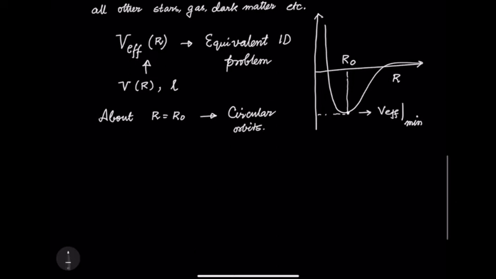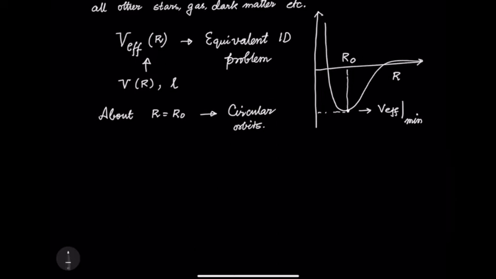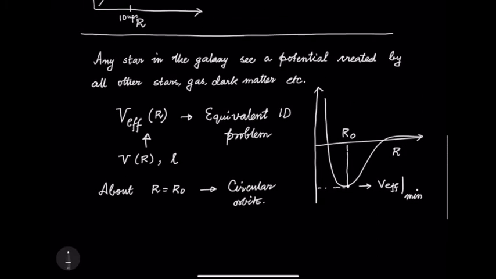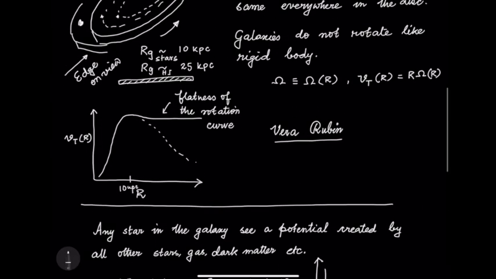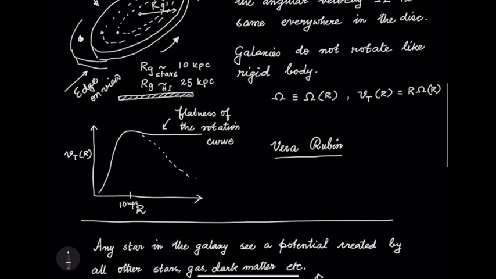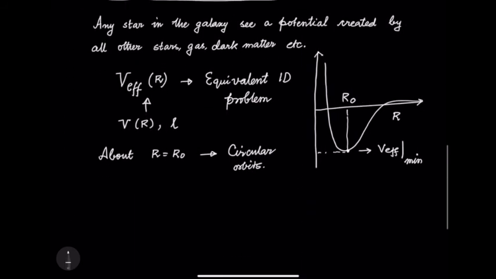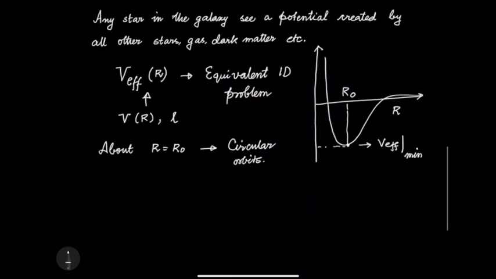Now, just like in the previous case, we said that the stars are moving in almost circular orbits. If it is moving in almost circular orbits, then the potential that the stars see must be very near to V effective minimum.